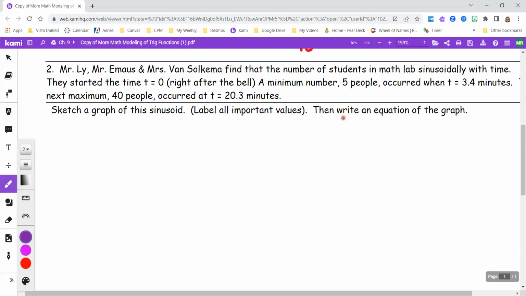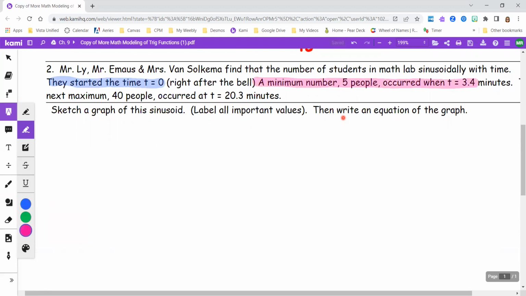Okay, so some of this important information. We're going to start at t equals 0. Okay, that's going to be something important. We know that a minimum of 5 occurred when t is 3.4 minutes.